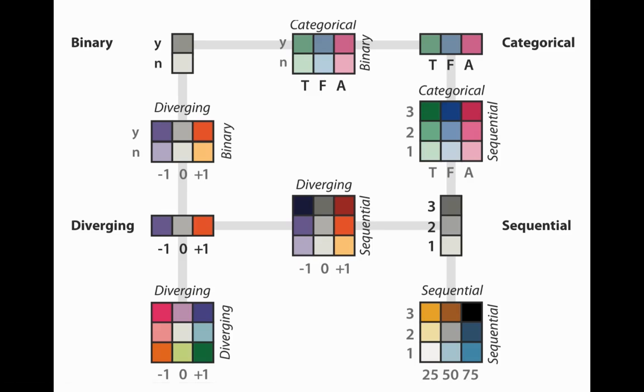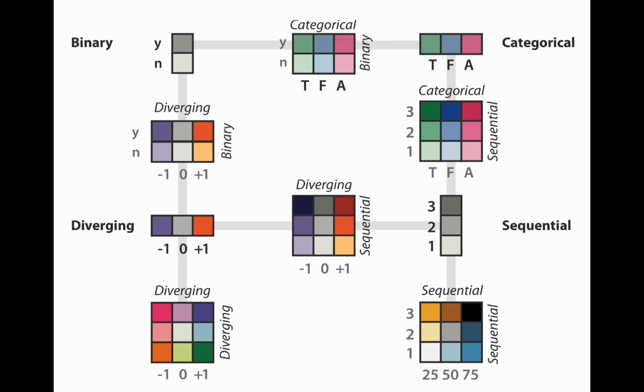You can, of course, combine all these color scales into more complicated color scales. So if you have diverging and sequential data, like in the center of this schema, then you have specific combinations, and you can combine many different types of data to create color.